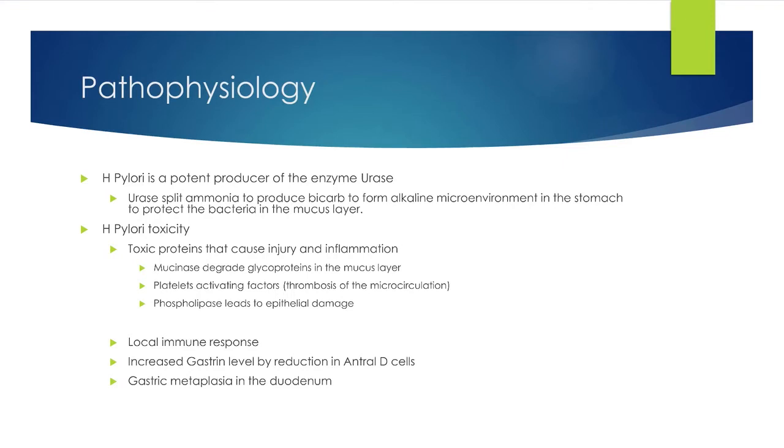Now, H. pylori only lives in gastric mucosa, so you would ask, how does it lead to ulcer in the first part of the duodenum? And the theory is that H. pylori would induce gastric metaplasia in the first part of the duodenum.